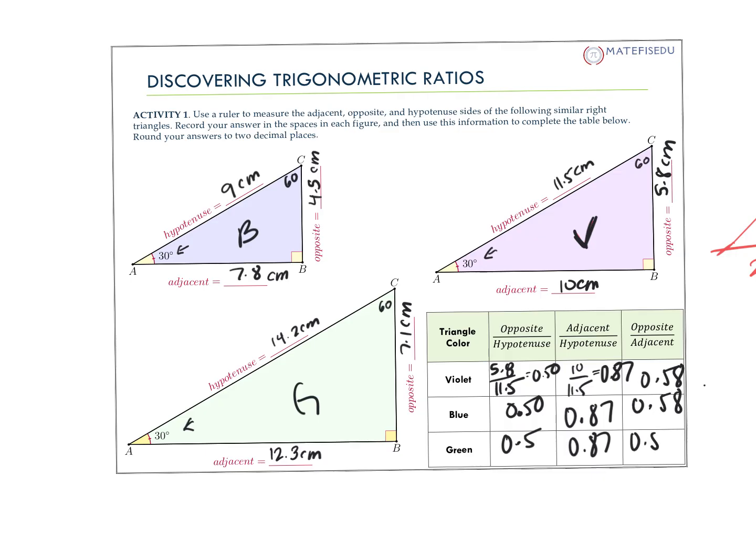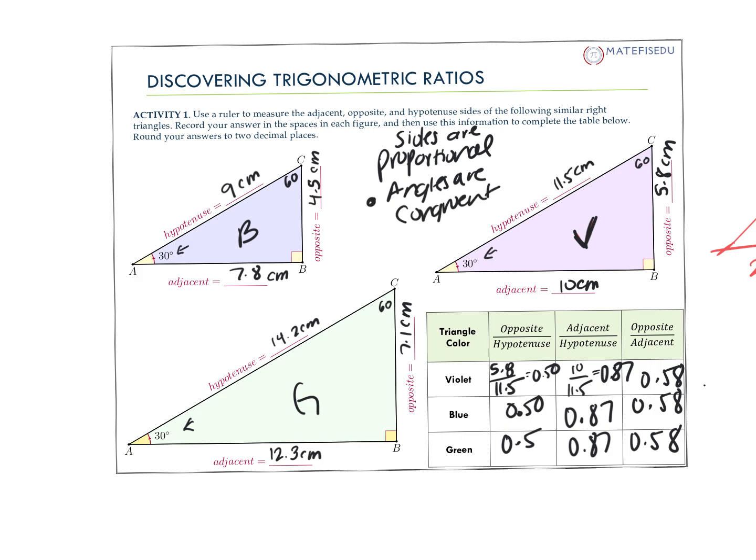Because we get the same number, we can see that these three triangles are proportional, because they have equal ratios. So the sides are proportional. The angles are equal or congruent.